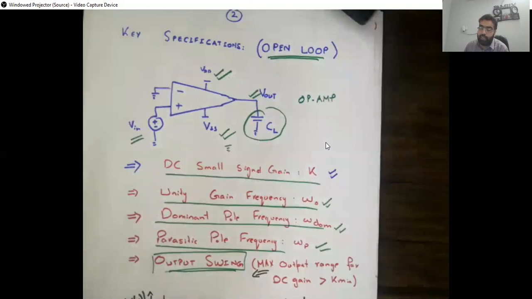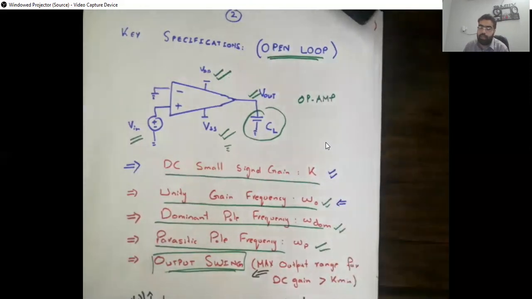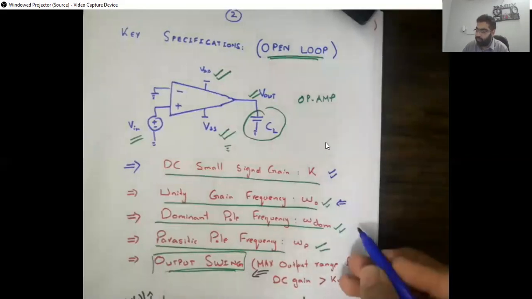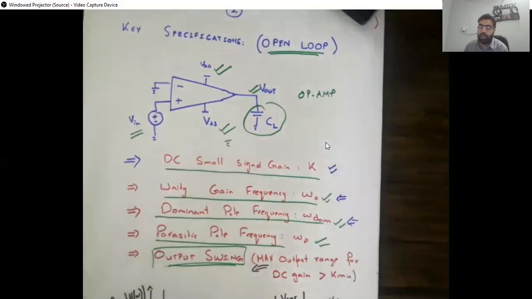Then comes the unity gain frequency, or the gain crossover frequency, meaning where the gain crosses unity gain. The dominant pole frequency is where the magnitude curve starts decaying at 20 dB per decade. So the dominant frequency decides the bandwidth.